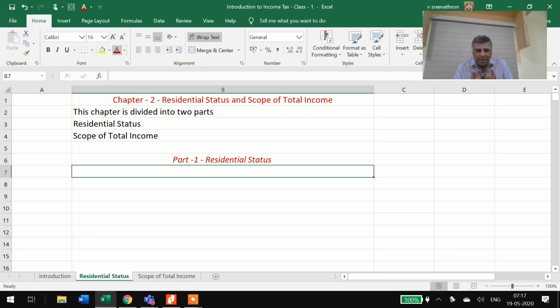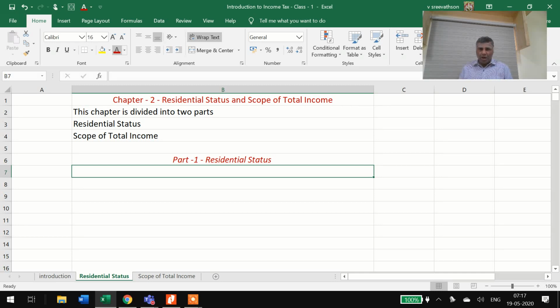Between the taxing nation, India, and the taxed person, there should be a link, a nexus. If only a nexus is there, I can tax. If such a nexus is not there, I cannot levy tax.